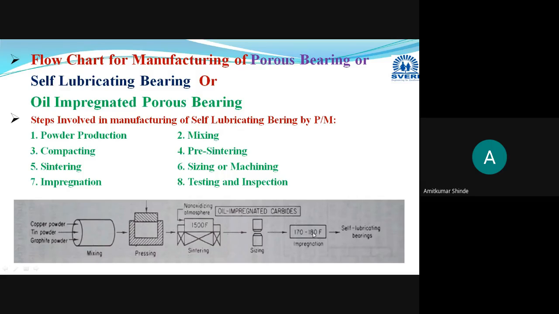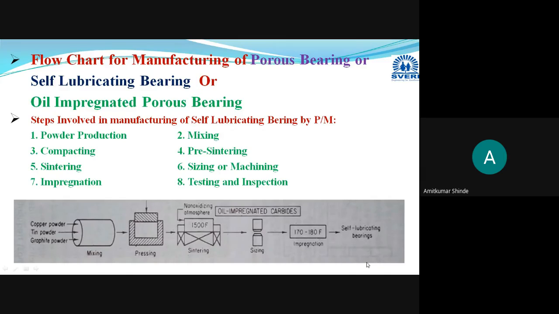If any extra process is there, simply add one blank rectangle, mention whichever parameters you have used, and below that write the name of that process. After the testing and inspection process, at the end you will get your finished product.